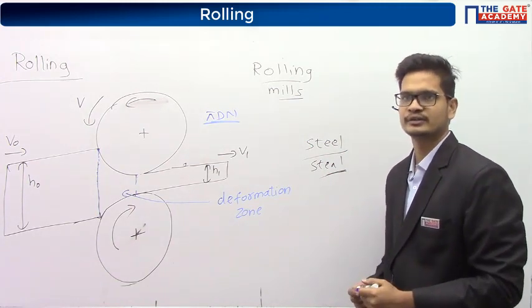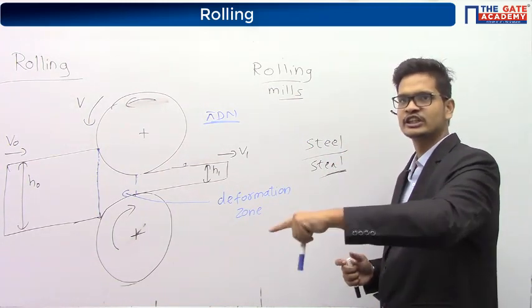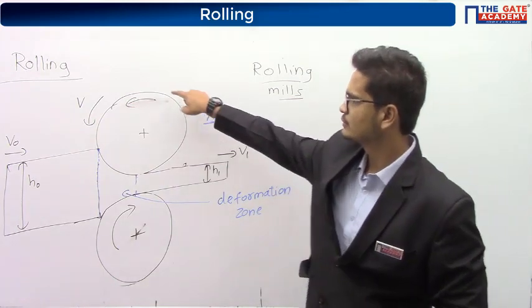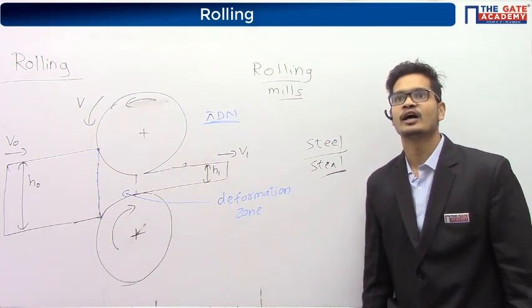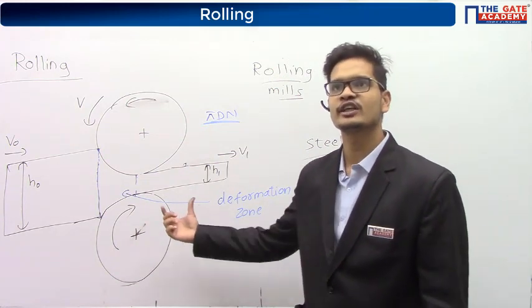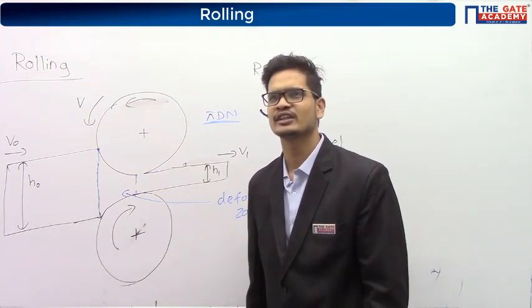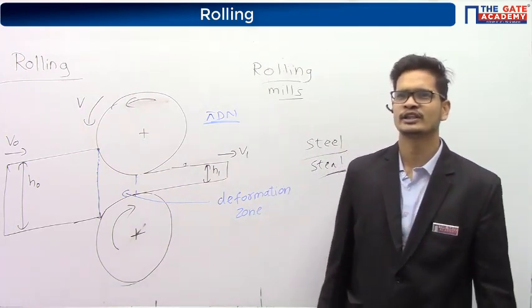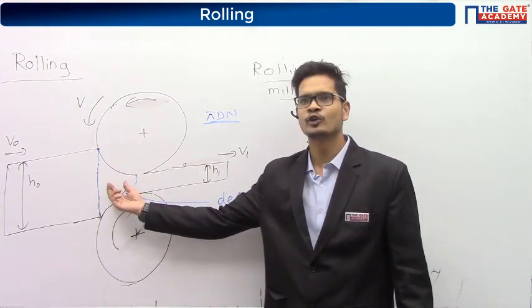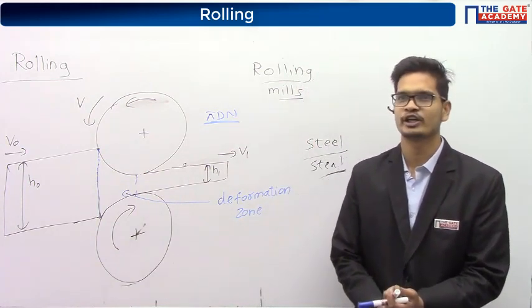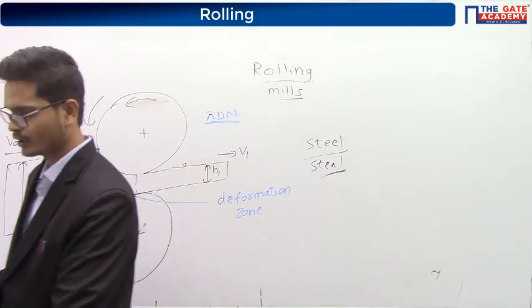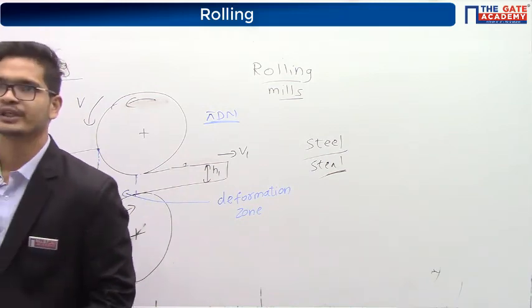That is V. You can say that is the tangential velocity at this point. Rahul is asking, is the deformation zone the same as the gauge length? No, nothing like that. I have not heard the name gauge length in the case of metal forming. Omega will be the angular velocity.